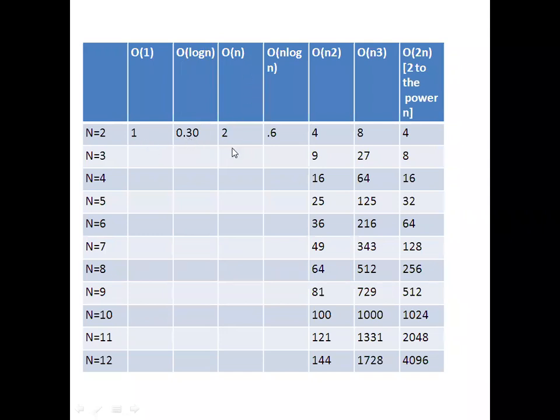Order of n, it is 2. Order of n log n, that is multiplication of these two, that is 0.6. Order of n square, that is 2 square, 4. Order of n cube, 8. And 2 raised to n.